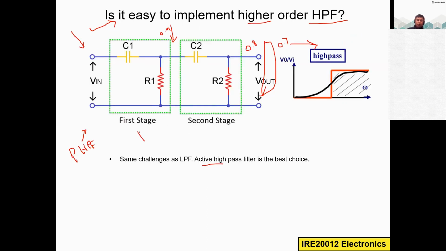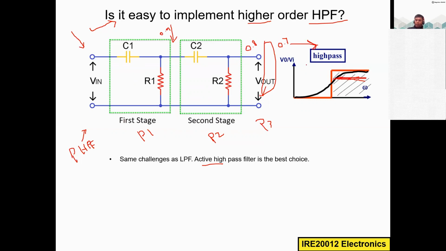This is pole 1 and this is pole 2. It means it's stage 1, stage 2. So I can cascade more and more. When I cascade more and more in the passive filter, the output gets more and more reduced. If I apply 1 volt, I cannot get at least 1 volt at the output. I will get lower and lower. So that's not what I want.